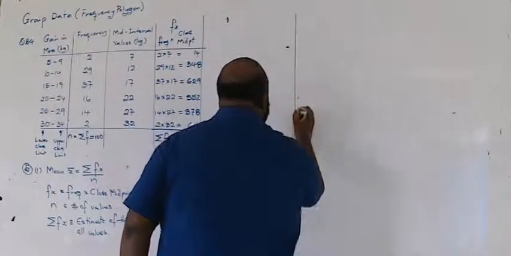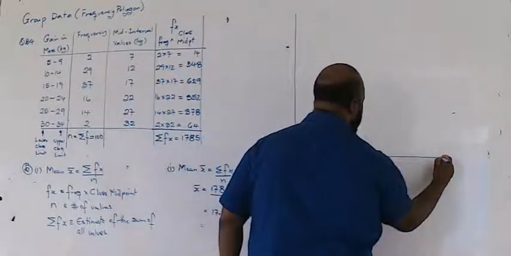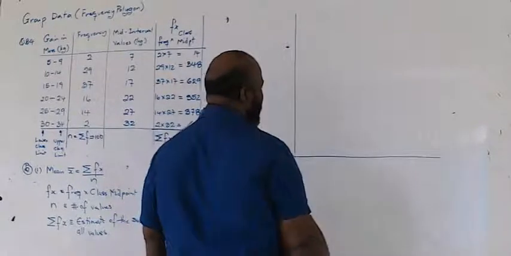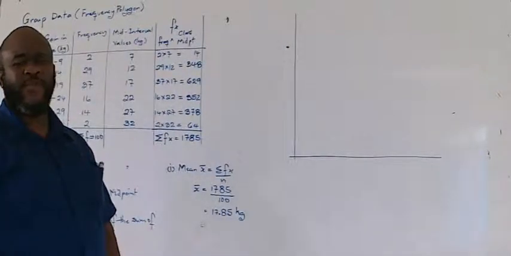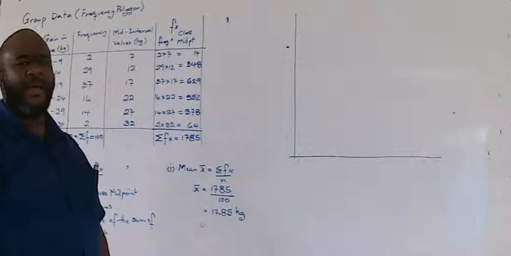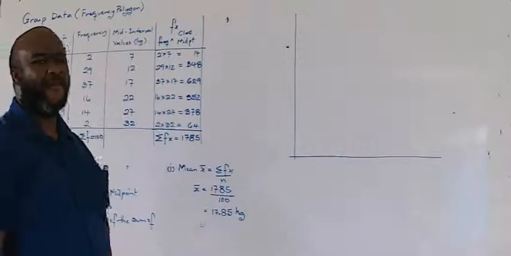So these are my axes. And the scale is 2 centimeters to 5 units on both axes. What does that mean? Every 2 centimeters, the number goes up by 5.